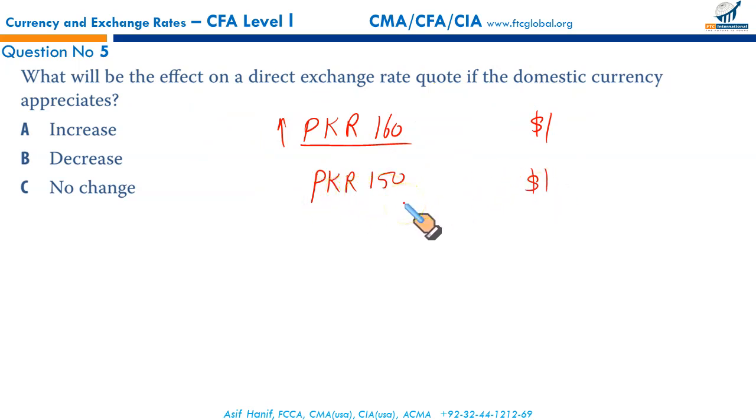What does it tell me? Now PKR per dollar has fallen from 160 per dollar to 150 per dollar. So which means in direct exchange rate, if the domestic currency appreciates, the effect on exchange rate would be decreased from 160 to 150 per dollar. So that makes B to be the correct option.